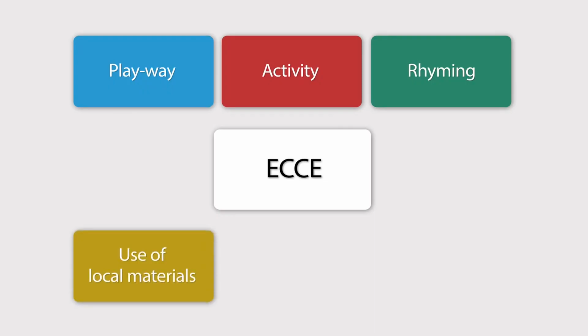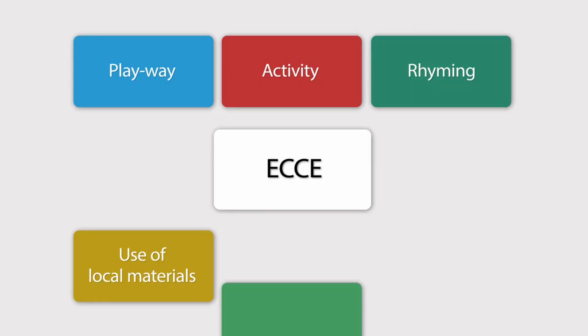And further, use of local materials. In early childhood care education, the learners, the toddlers, learn by using local materials for making different types of craft and for understanding different concepts of mathematics, science, social science.